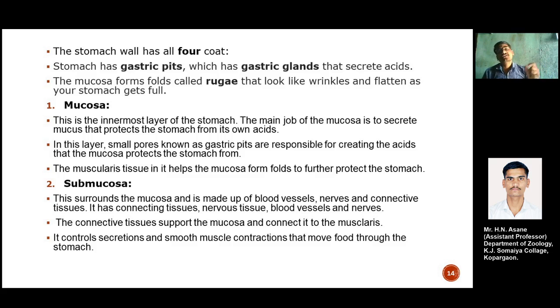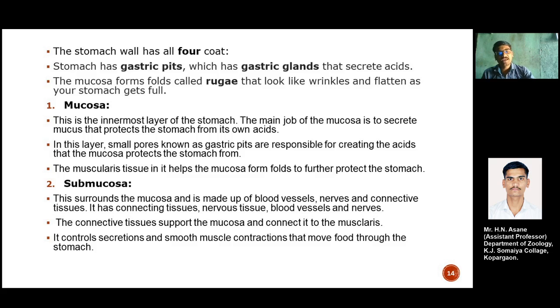That HCl takes the responsibility of not letting living organisms pass from the stomach to the small intestine, where they would cause serious problems and our health would be compromised if any microorganism entered the small intestine.